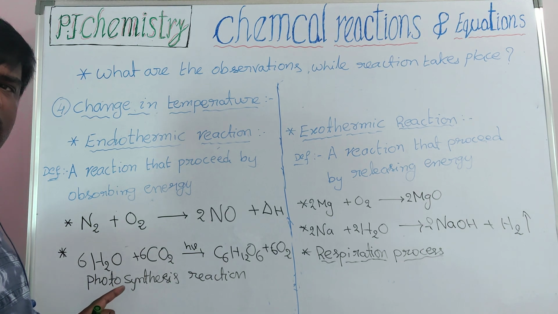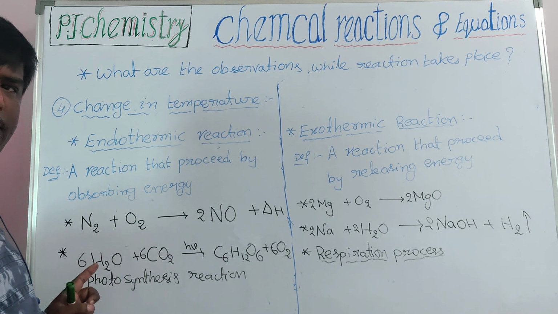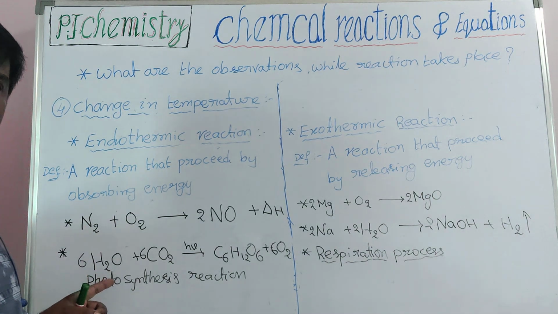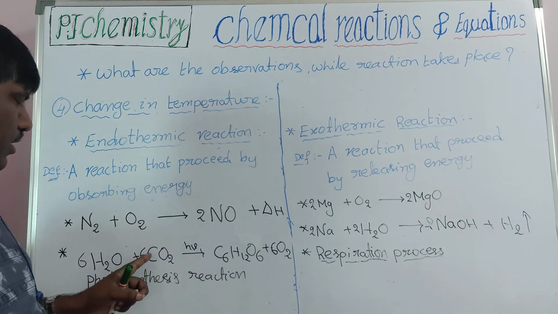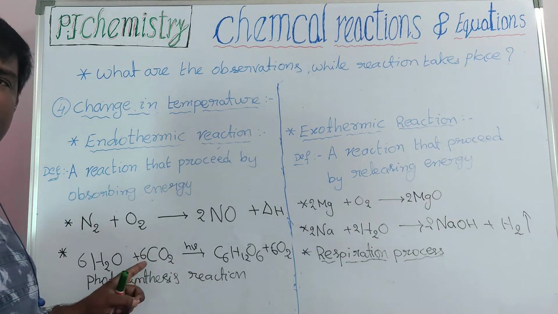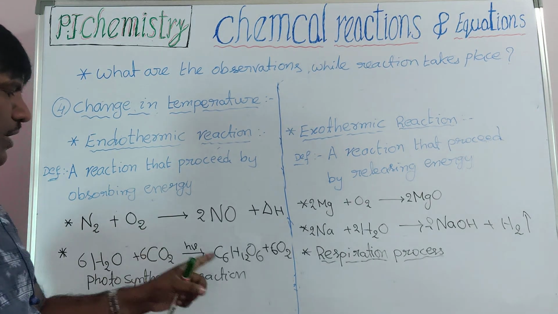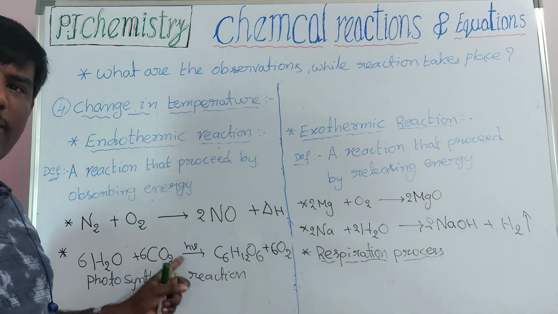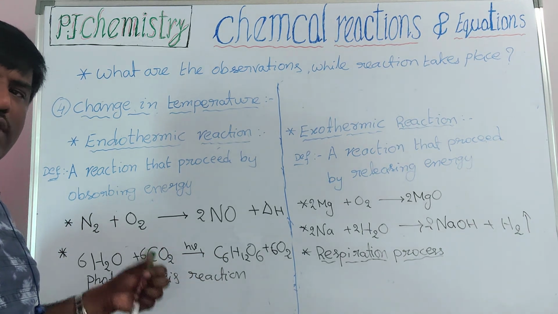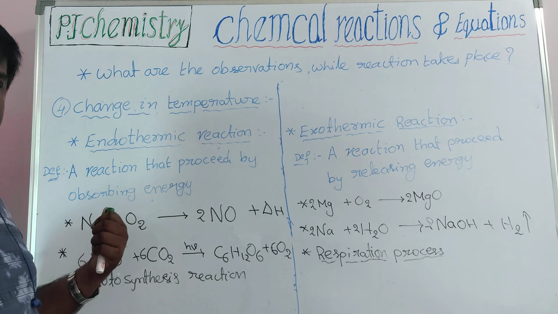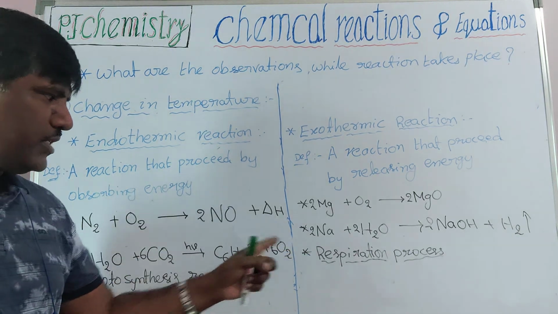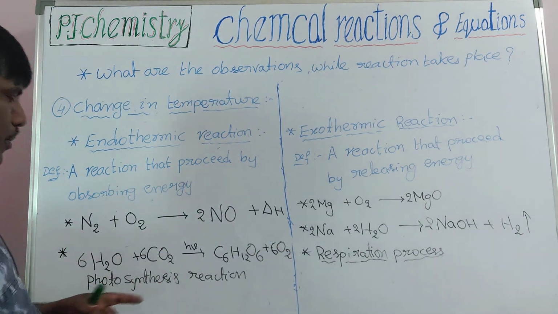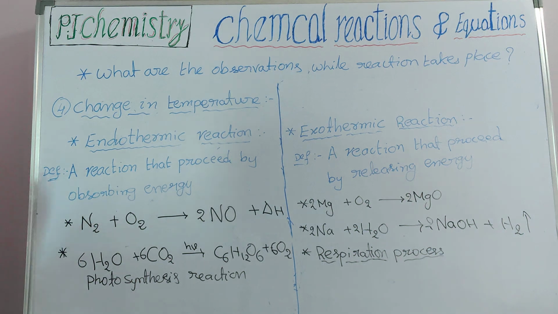In photosynthesis, plants having green pigment take in water and react with carbon dioxide and prepare food in the presence of sunlight, by absorbing sunlight. So that we call an endothermic reaction. Respiration is the reverse, opposite to photosynthesis.